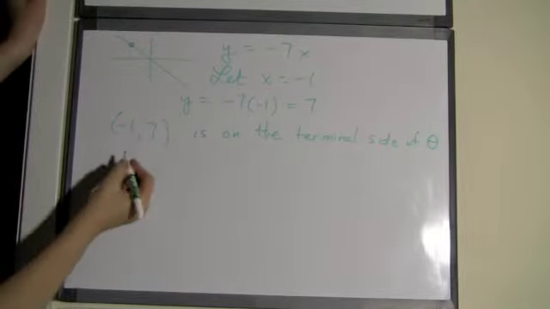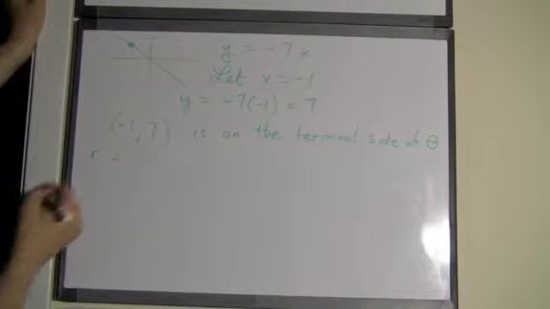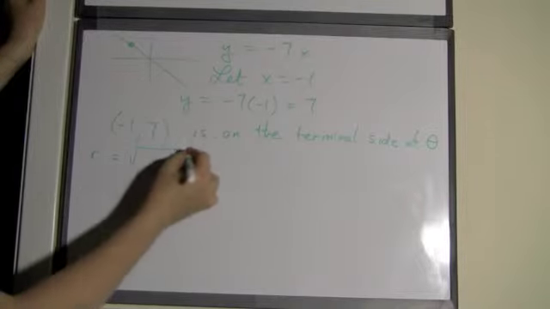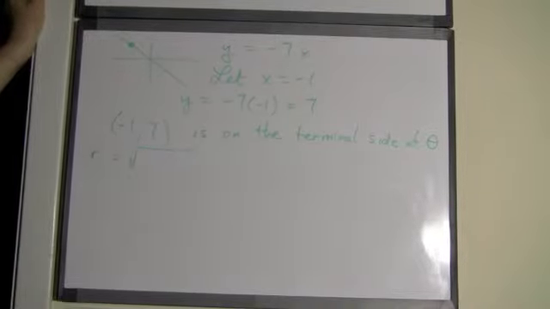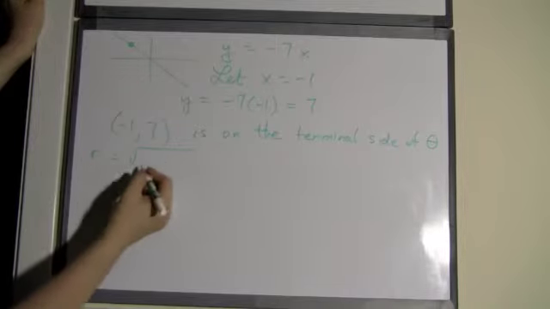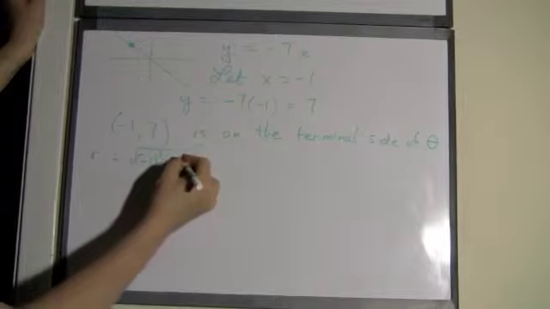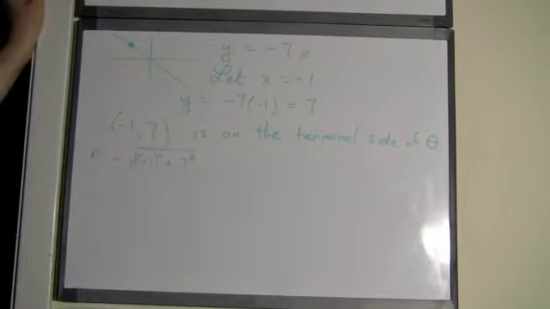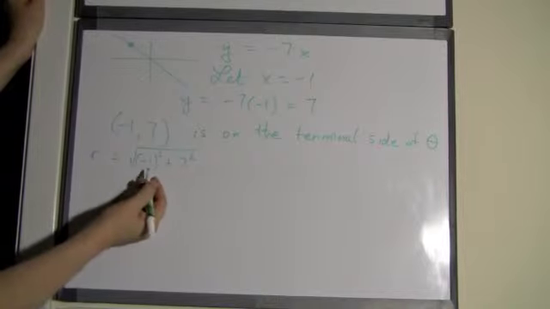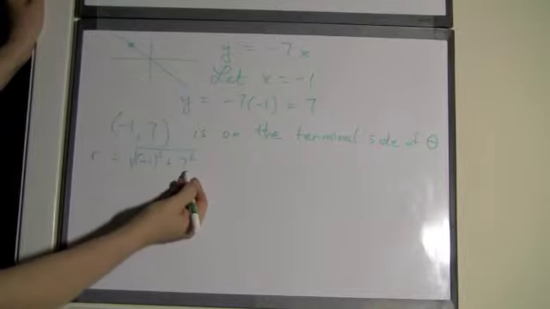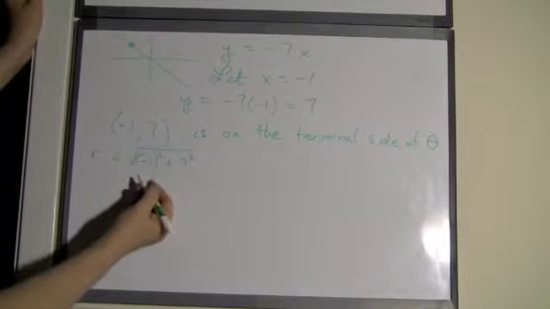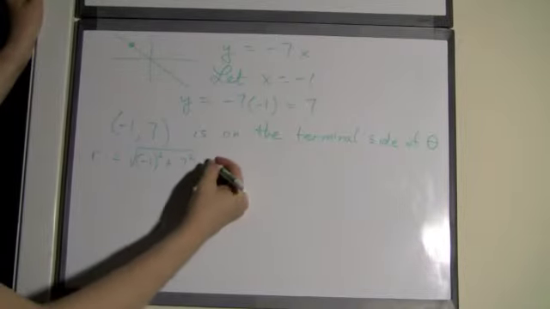We also know that r is equal to the square root of x squared plus y squared. Our x and y are negative 1 and 7. When we square negative 1, we get positive 1. When we square 7, we get 49. 1 plus 49 is 50.